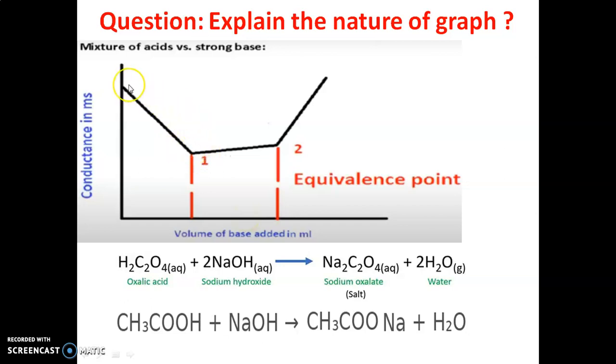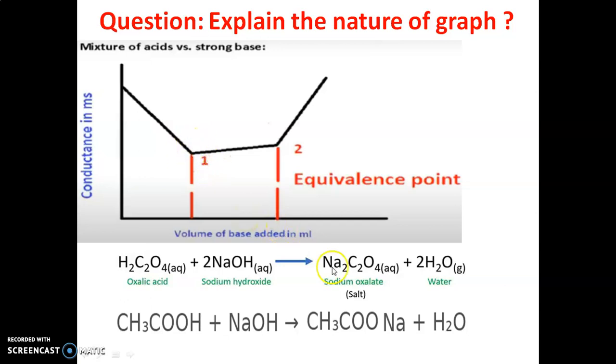Initially the conductance is very high because the solution contains fast moving H plus ions. After addition of NaOH, the reaction takes place between oxalic acid and sodium hydroxide, the fast moving H plus ions are replaced by slow moving Na plus ions. Hence the conductance decreases up to equivalence point 1.